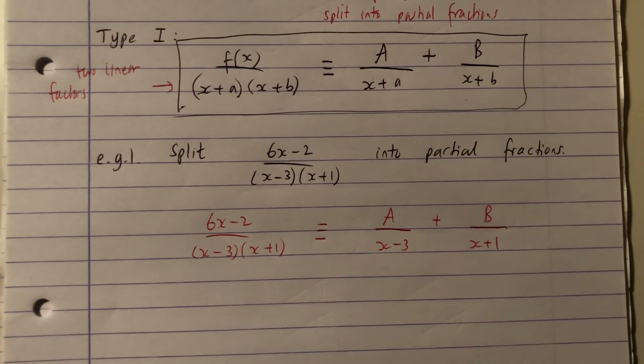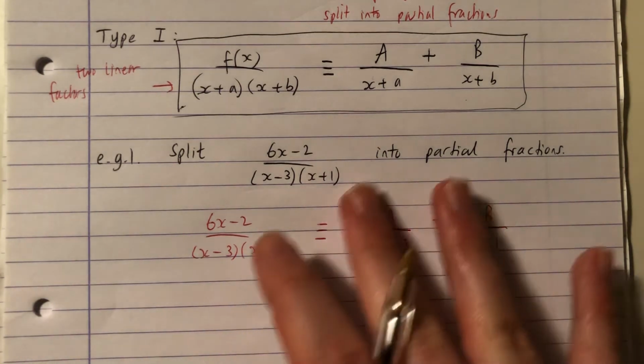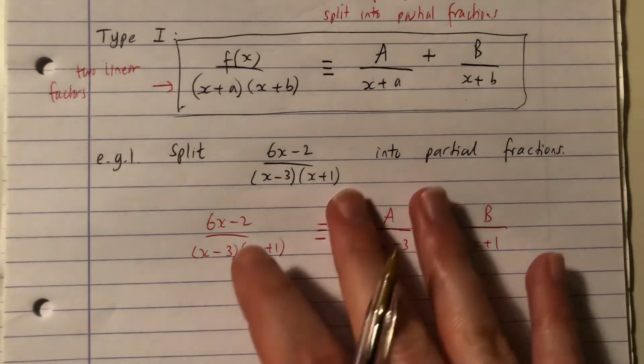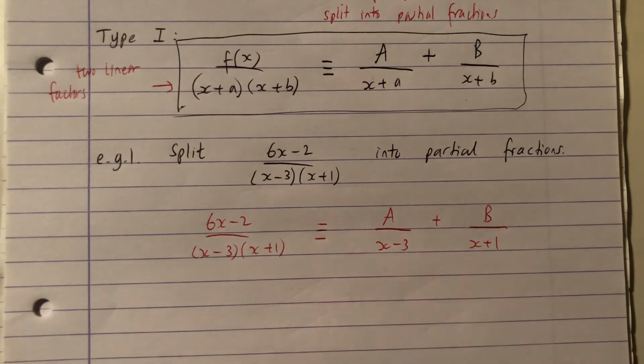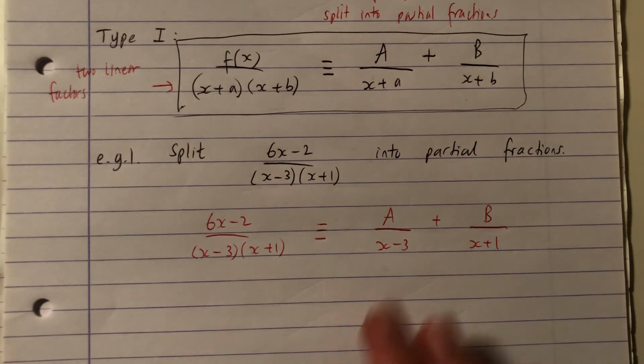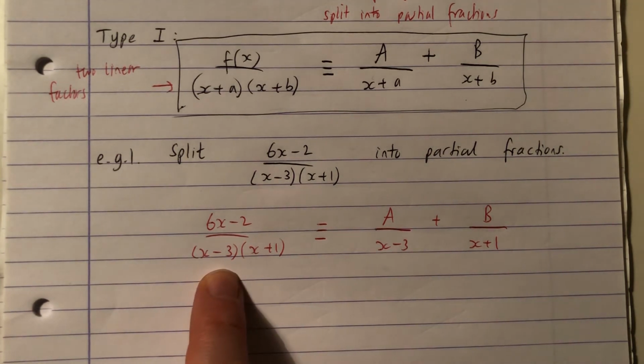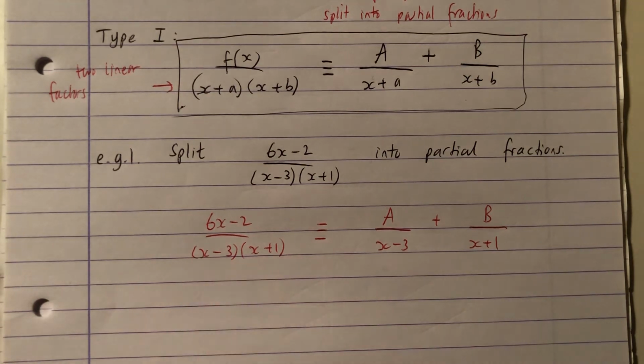There are many ways to do this. The best way is to effectively work from right to left, which is what we were doing last time, simplifying fractions. So you simplify the right hand side by writing it as a common denominator, but the common denominator is obvious now because it's already on the left.